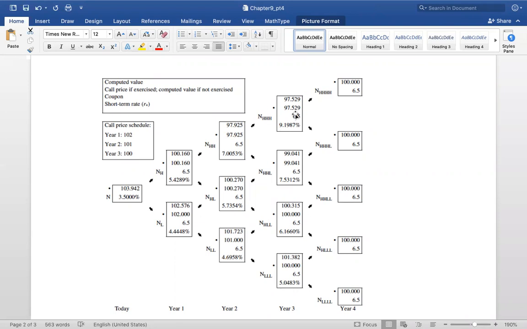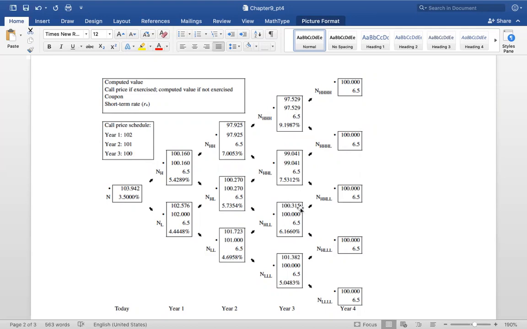Now the rules will be the same, only we will replace the value with the call price if the value exceeds the respective call price in the schedule. So here it's above 100, so we put the call price, and this price will be used to compute this value here. This is below 100.